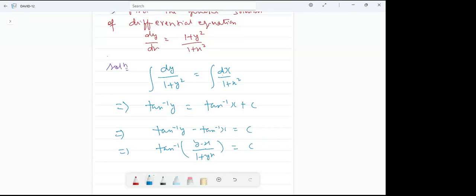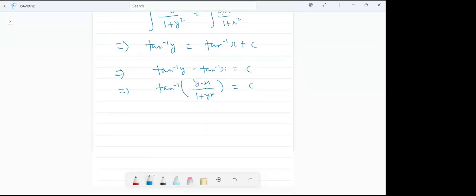So we will bring the y function with dy and the x function with dx, which means we will integrate. The result is y minus x upon 1 plus xy. Do you know how we have written this?